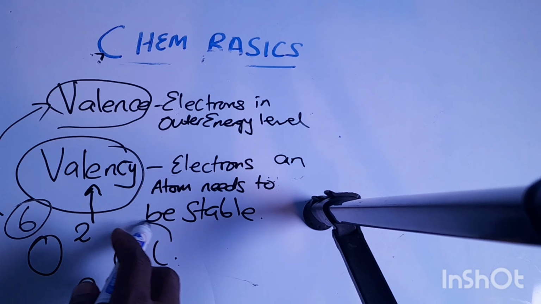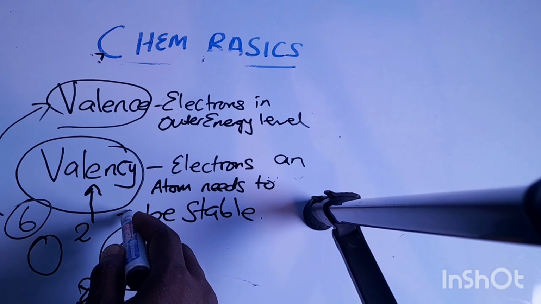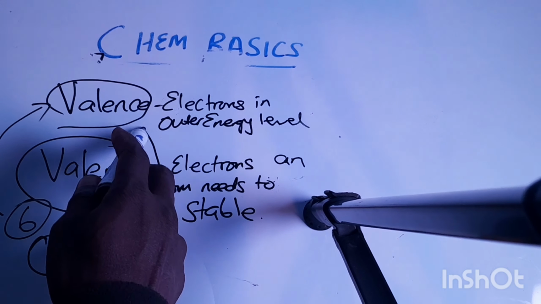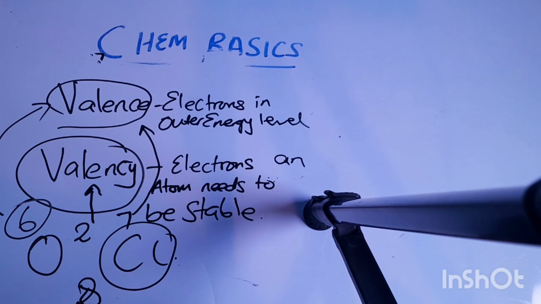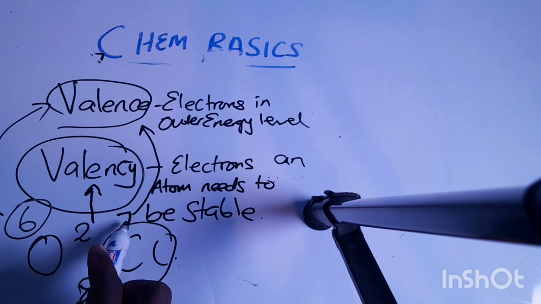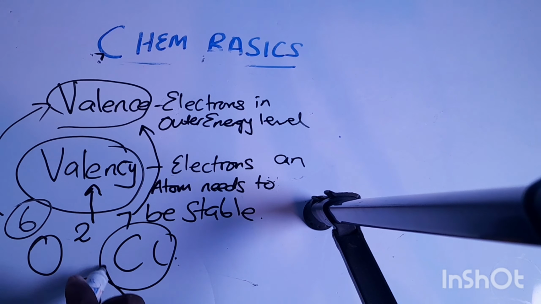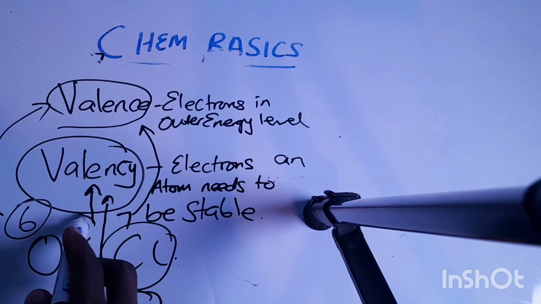Let's take a look at chlorine. Chlorine is in group 7, so its valence electrons are 7. But how many do we need for this 7 to become 8? We need only 1. So 1 is the valency of chlorine. Do you get the whole picture? It means chlorine can only form 1 bond and oxygen can form 2 bonds.